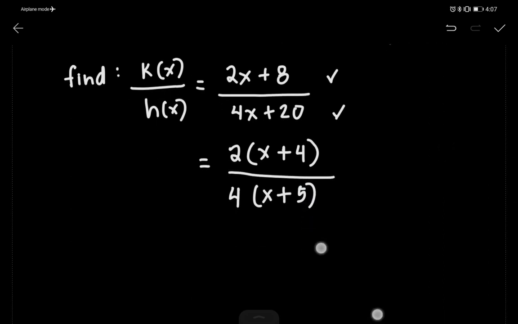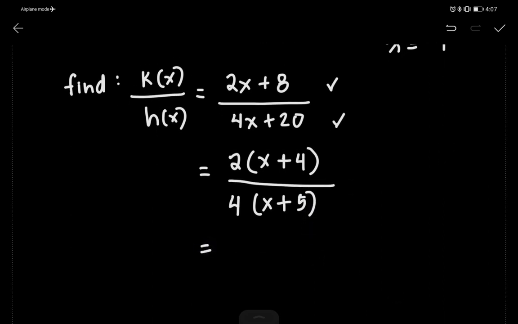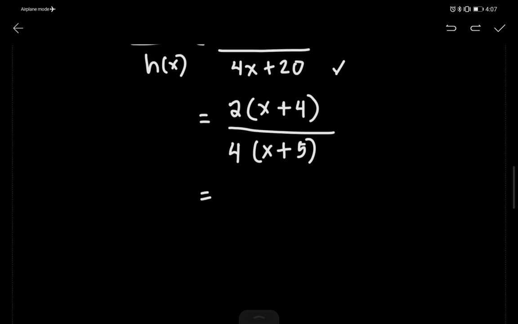So we have here now the greatest common factor, the 2 and the 4. So we can simplify this as 1/2. So we have here 1/2, then our parentheses, so we have here x plus 4 all over x plus 5.